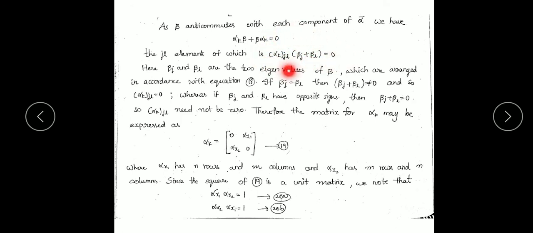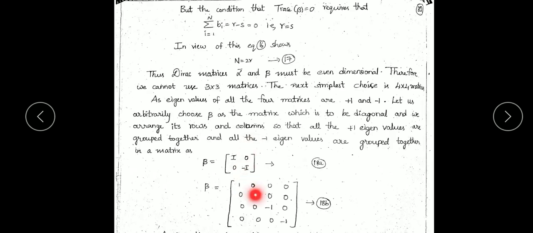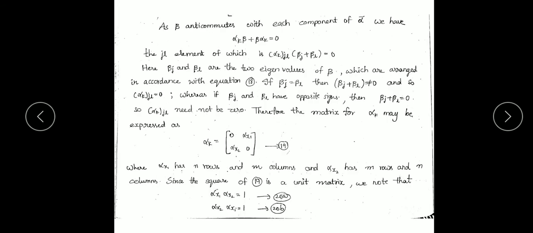So finally we would have this term equal to 0 based on this condition if we do matrix multiplication like that. And here beta j and beta L are two eigenvalues of beta, which are arranged in accordance with equation 18, meaning plus 1 plus 1 minus 1 minus 1.